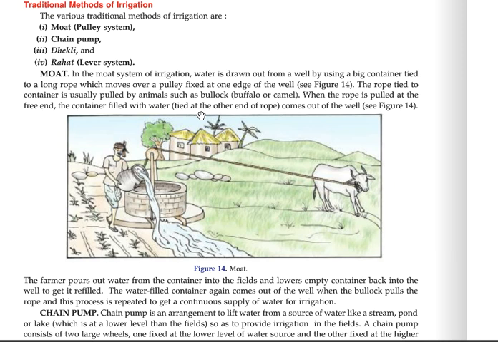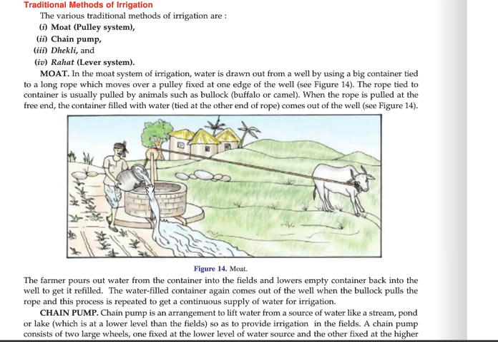The water is drawn out from a well using a big container which is tied to a long rope, as we say. You see this figure. When the buffalo or camel comes near the well, the container goes down and is filled up with water, and they go away from the well.